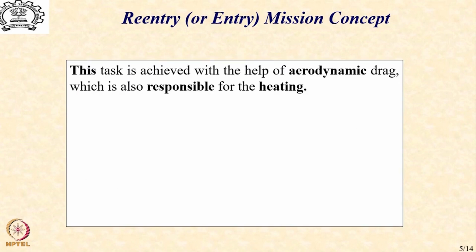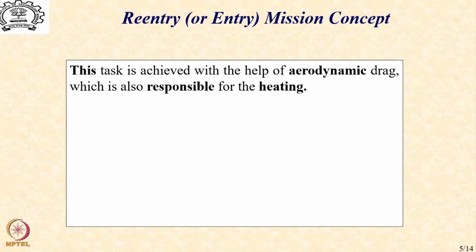So, in order for us to manage the heat, it is directly clear that we are going to have to manage the aerodynamic drag, which obviously means that we have to manage the trajectory, because the aerodynamic drag is going to depend on the velocity and the altitude.